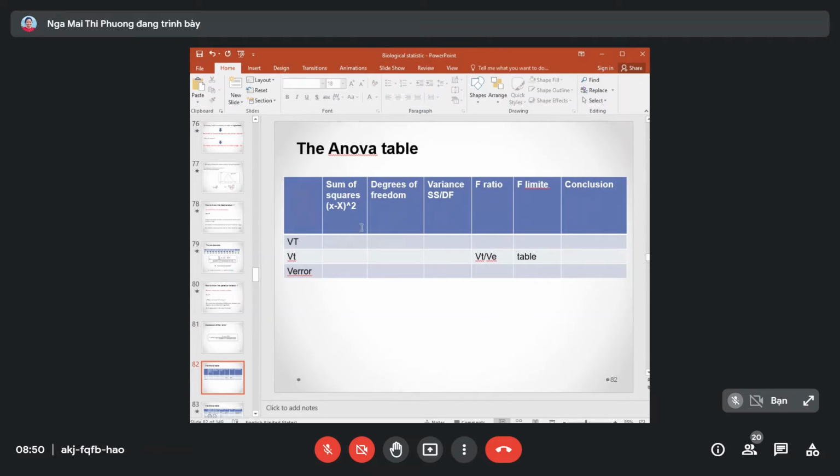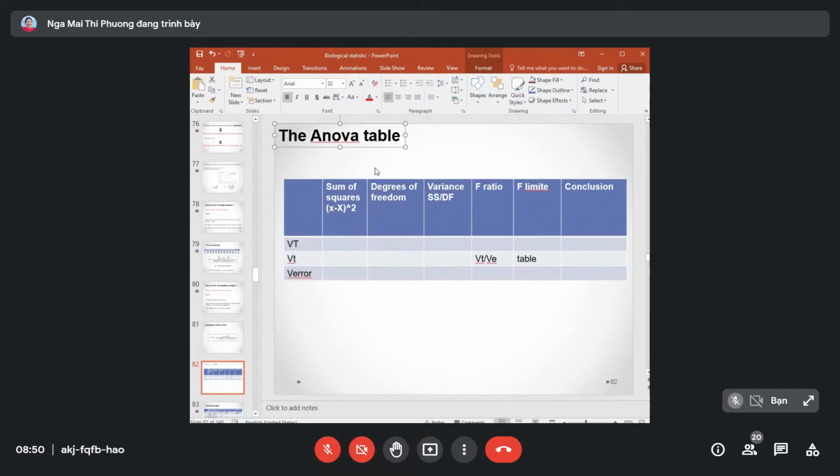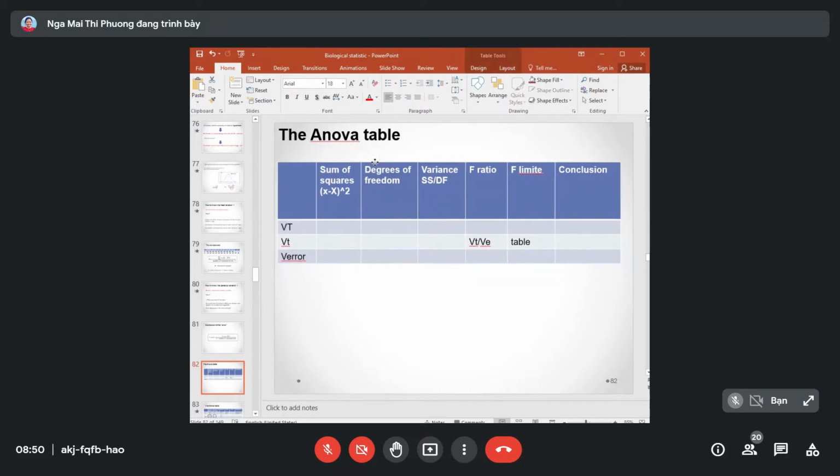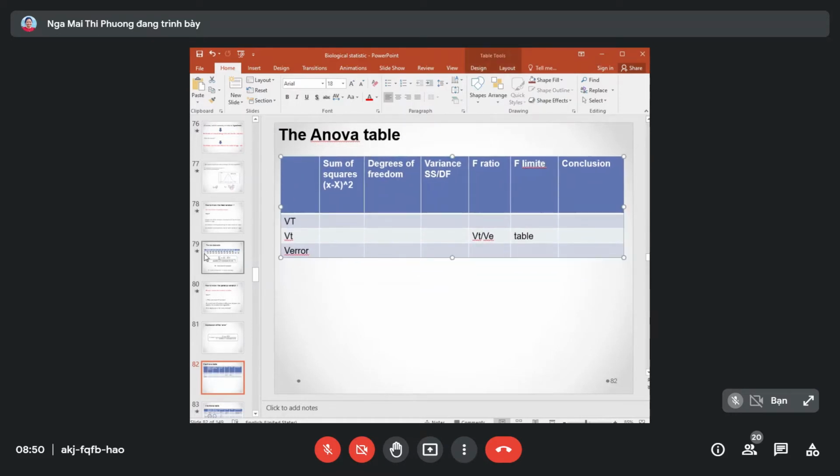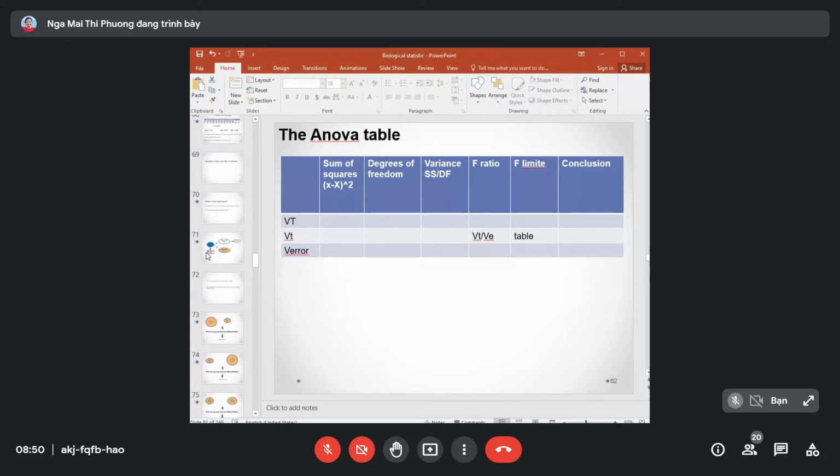You have to calculate the variance total, variance of treatment, and variance of errors, and present the table like this. Okay. I'm going to show you the data again.